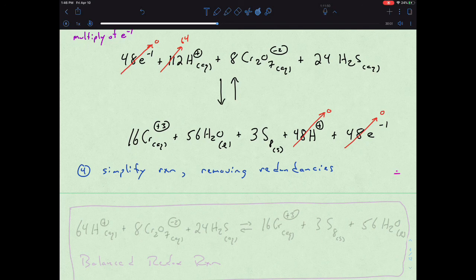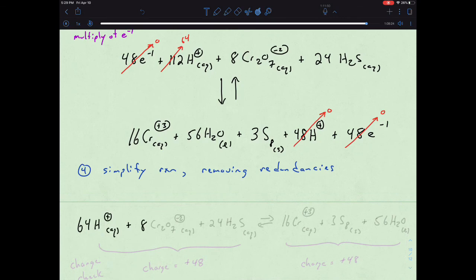So as far as the simplified reaction, we would have 64 protons plus 8 dichromates and 24 sulfurous acids.